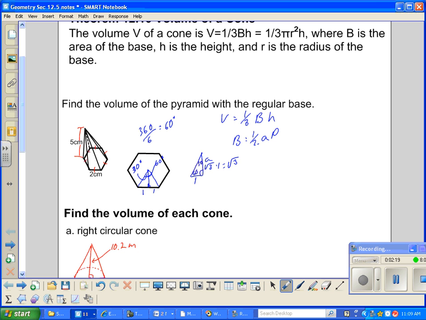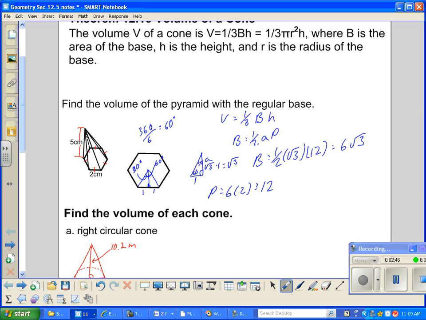The perimeter, since it's got 6 sides and each side is 2, we're doing 6 times 2, or 12. So for area of the base, we've got 1/2 square root of 3 times 12, or that's 6 square roots of 3.